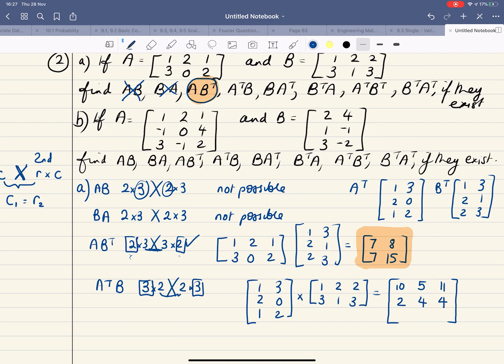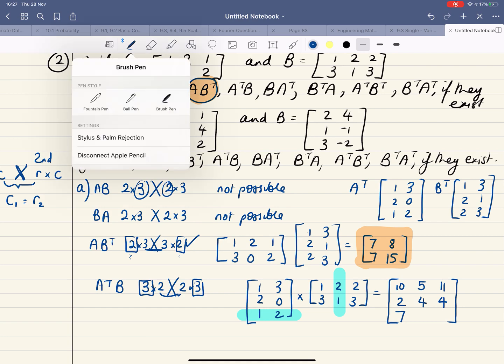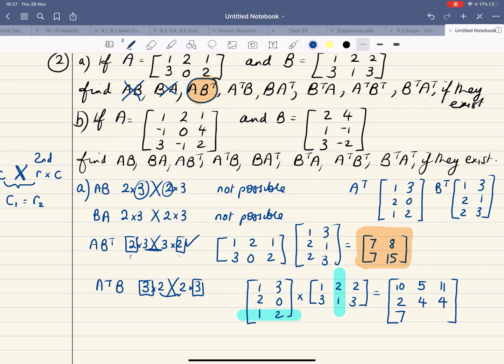Right, next thing, we're into third row, first column. 1 times 1 plus 2 times 3, so it's 1 plus 6 is 7. And then the next one is third row, second column. It's 1 times 2 plus 2 times 1, so that's a 4.